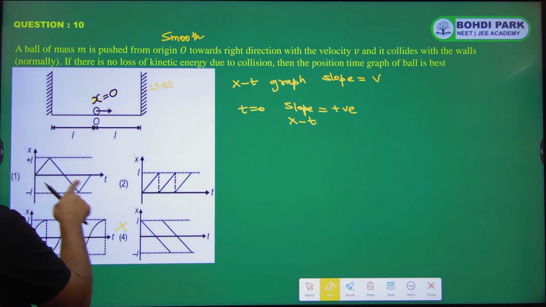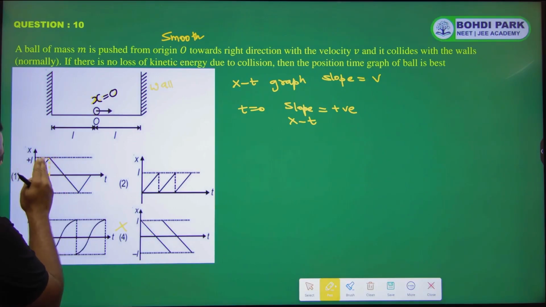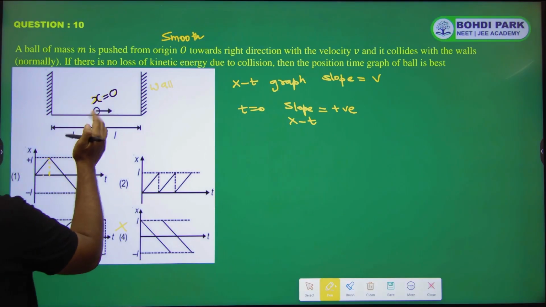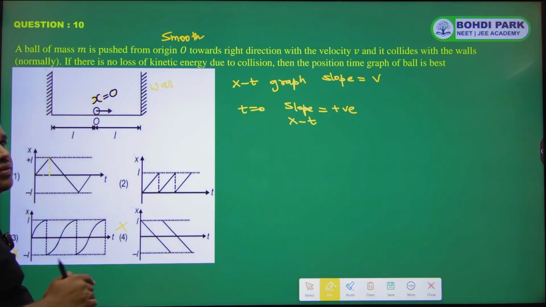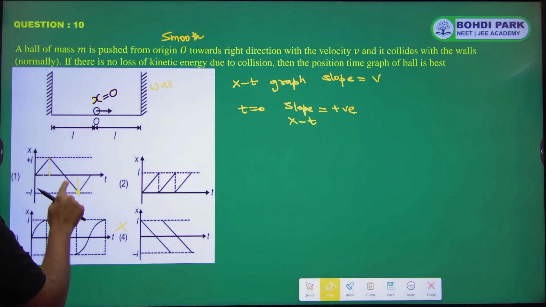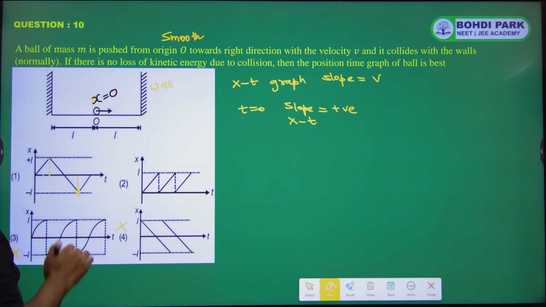It is shown in this graph: for some time the slope is positive, and for the next time interval the slope is negative. Then again it will hit this wall and the velocity will reverse, changing from negative to positive. So first is the correct answer. Okay, done.